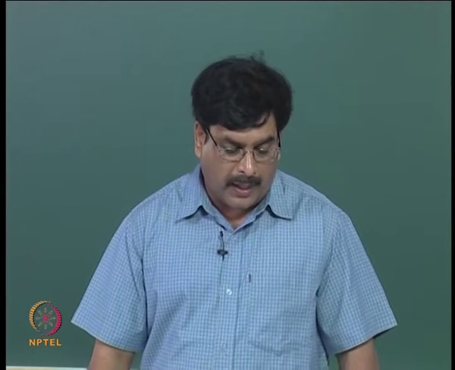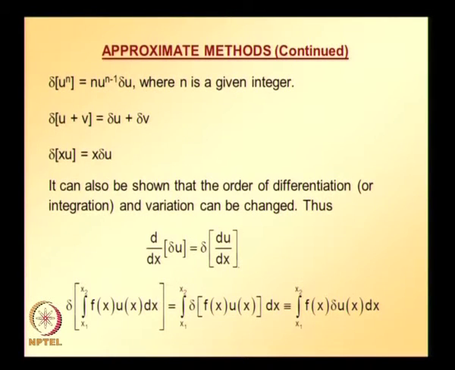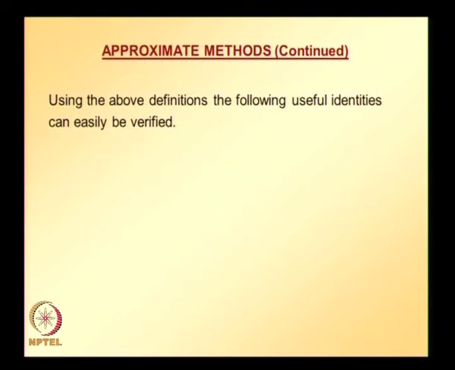Similarly, for the variation of the integral from x1 to x2 of f(x) u(x) dx, you can take the variation operator inside the integration, and since f is not a function of any of the parameters, the variation operator is going to operate only on u. And using these definitions, the following identities can easily be verified.